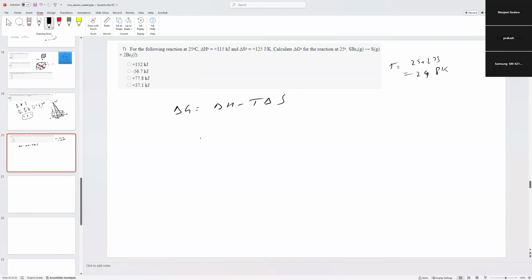The delta H we are given is 115 kilojoule, minus T, which is 298 here, into your delta S, which is 125 joules per K. So kilojoule, you need to convert it into joules.